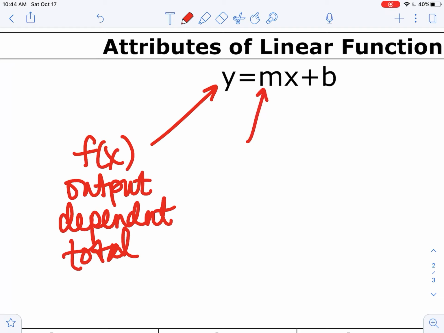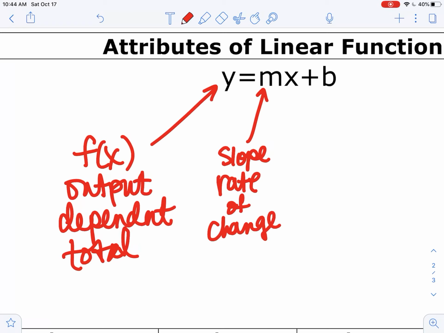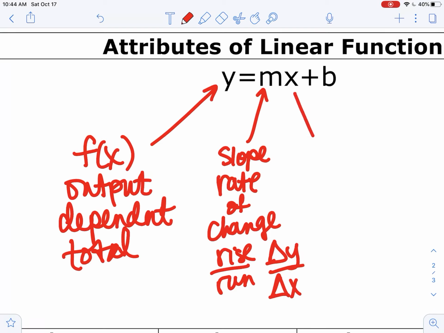Then we've got our M, which is always going to be our slope. It's a number, also known as your rate of change. You might see it as your rise over your run, or your change in Y divided by your change in X. Our X is always going to be our input.